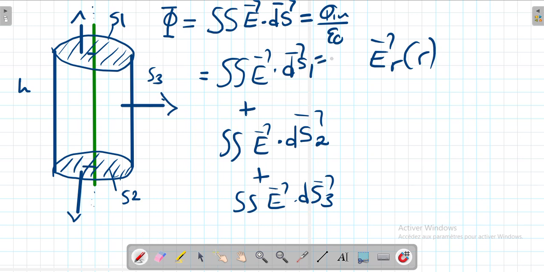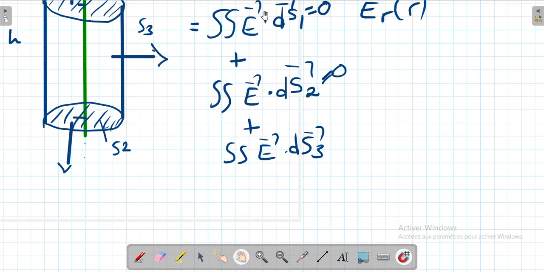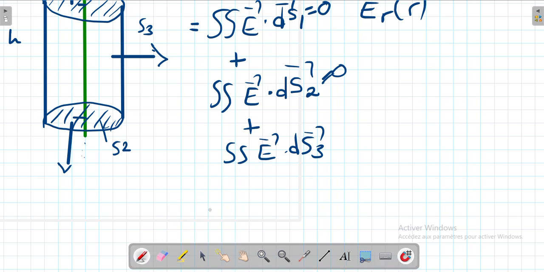Even S2, as long as they're not parallel or collinear, this one will be 0 as well. So from the three integrals that you've broken it down into, the only integral that will be valid is this one, and it's valid because S3 is in this direction, which is the direction of E. So this will only be equal to the double integral of E dot dS3.